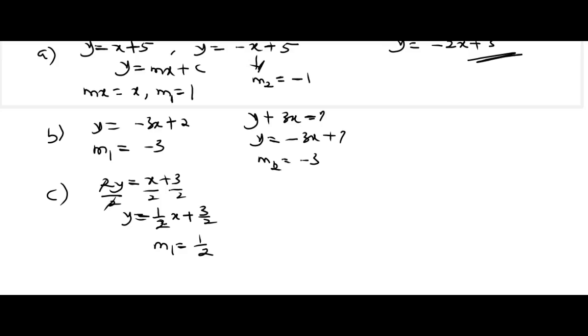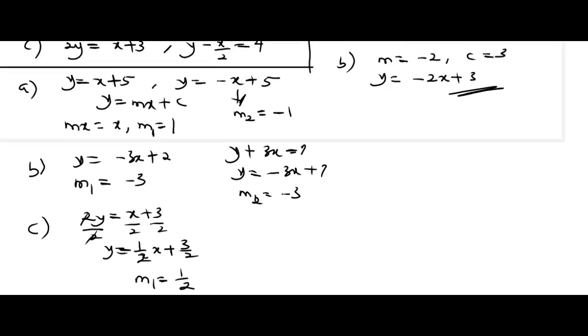Then for the second line we have y minus x over 2 equals 4, then y equals x over 2 plus 4. Here m is half. So for the first line m1 equals half, and for the second one m2 also equals half. So I can conclude that they are parallel. So the only perpendicular one we have is the first one.